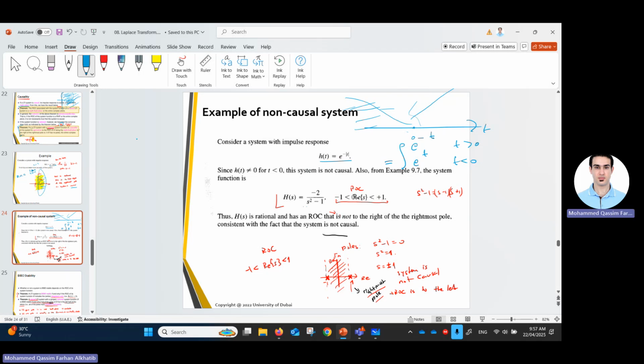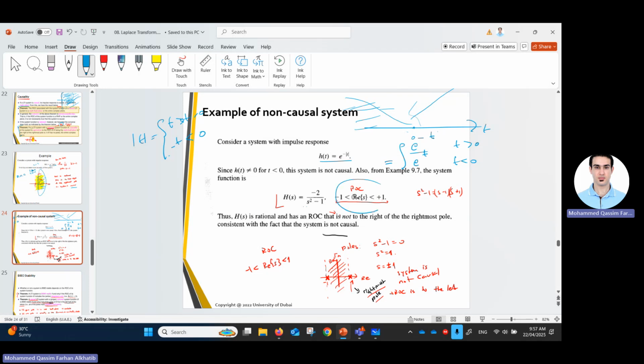So what is the absolute value of t? It equals t when t is larger than 0 and negative t when t is less than 0. So substitute this in the exponent, and we are having two functions. Find the Laplace transform for each one of them, check their region of convergence, and realize that the system will not be causal.